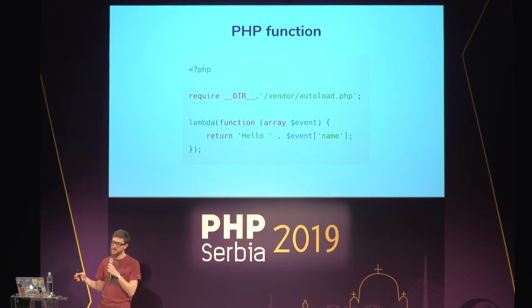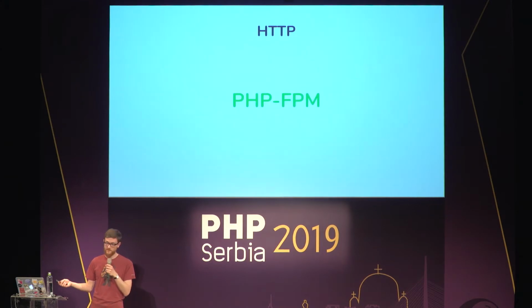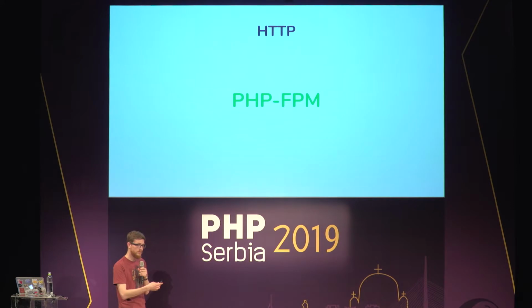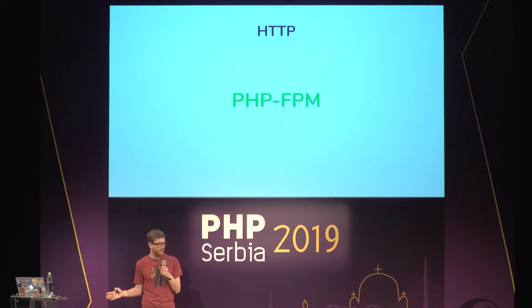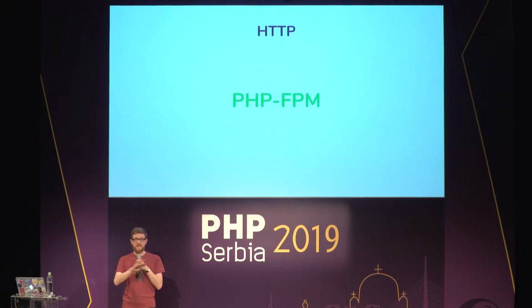Because what's really interesting is HTTP and PHP FPM. Bref can run and runs PHP FPM for you, so that you can take your PHP application, your Symfony, Laravel, Slim, Zen Expressive, whatever you want, even WordPress if you want to, and you can run it on Lambda. Since it's PHP FPM, it's the same execution environment as you can get anywhere.